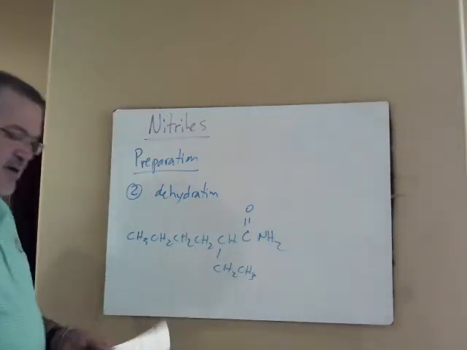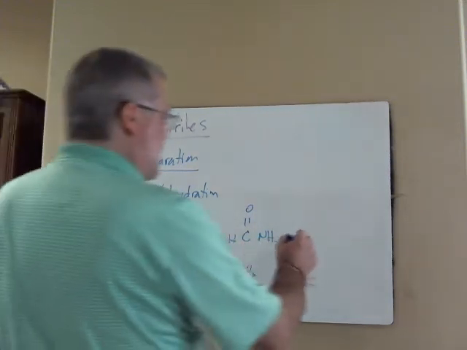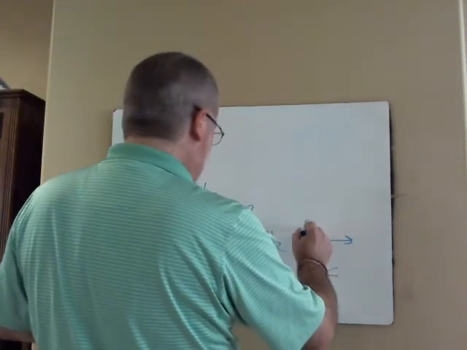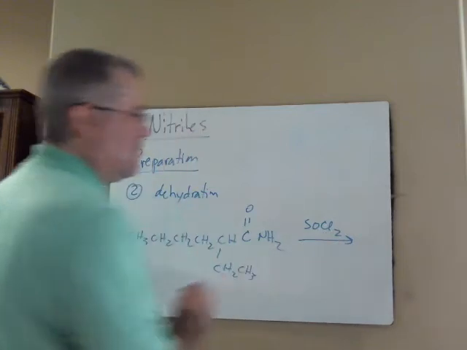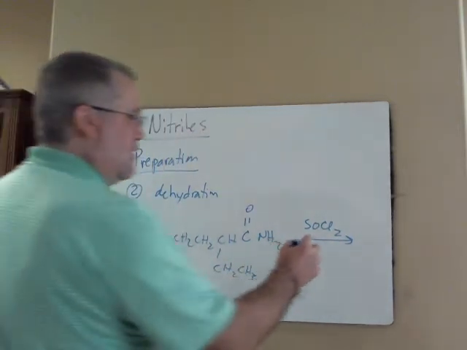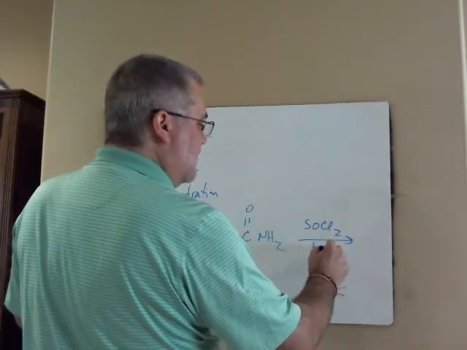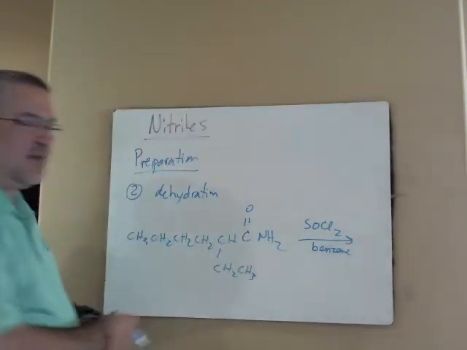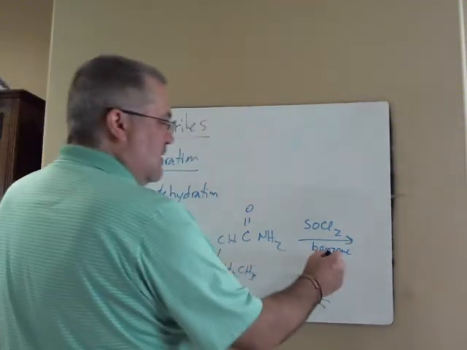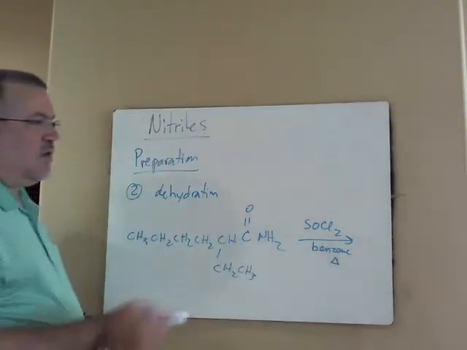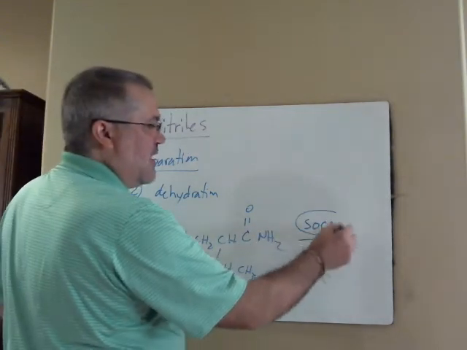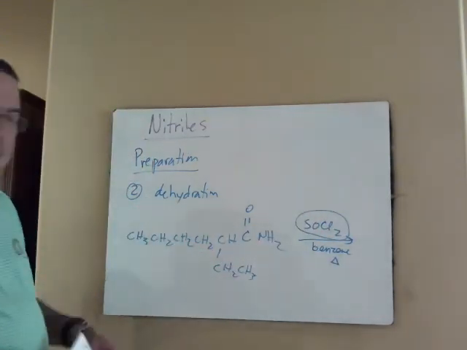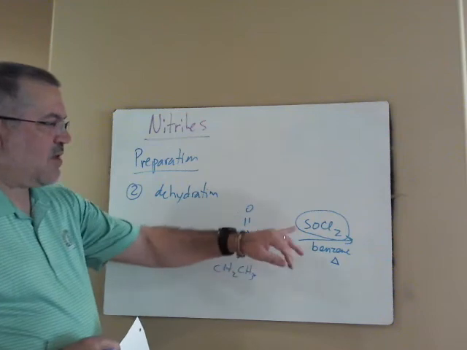Primary amide, and I'm going to react it with thionyl chloride. Okay, and usually the solvent is benzene, but benzene is just the solvent. And sometimes it requires heat, but really the most important thing to look for in the arrow is thionyl chloride, reacting with this primary amide.